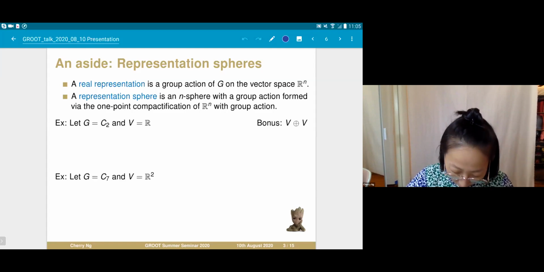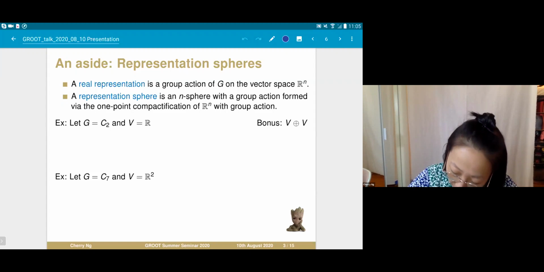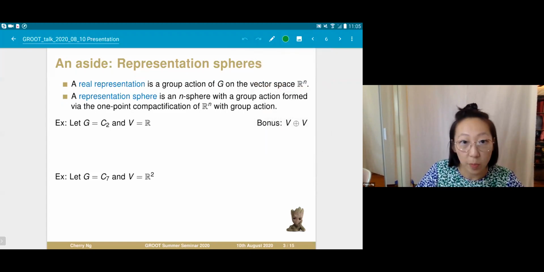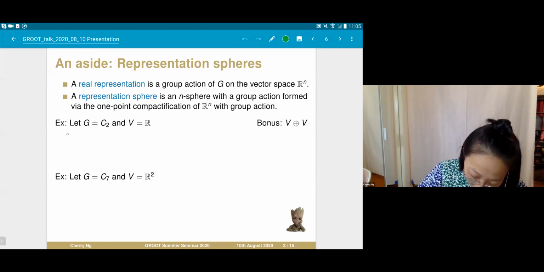Okay. So just as a quick example, if your group is C2 and your vector space is R^1, then the group acts on the vector space by taking 1 and mapping it to -1.